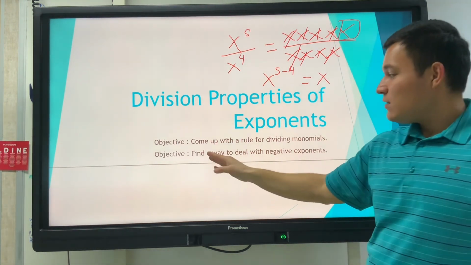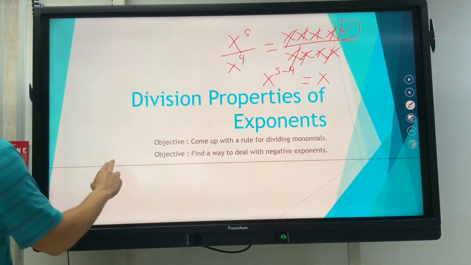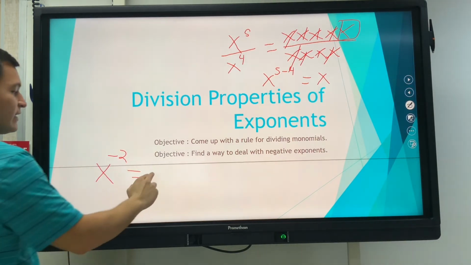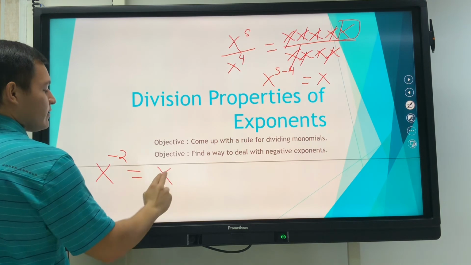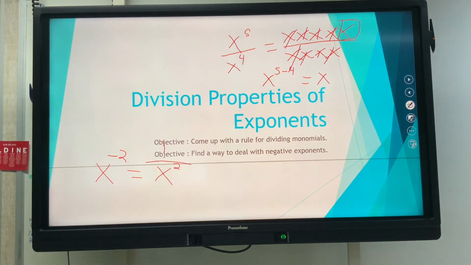The other one was to find a way to deal with negative exponents. If you have x to the negative 2, you should know now that that's equal to x squared, but the flipped version of that.